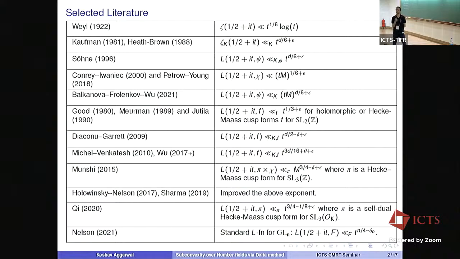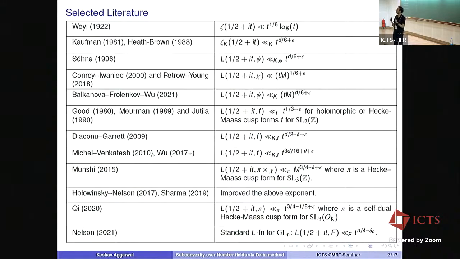So he has to have the level 1, and it has to be a self-dual form. And finally, there's this breakthrough result of Paul Nelson, where he gets a subconvex bound for any L-function for any number field. So it's more general for any GL1 twist and spectral aspect as well, but for this particular talk, I'm just concentrating on the t aspect.